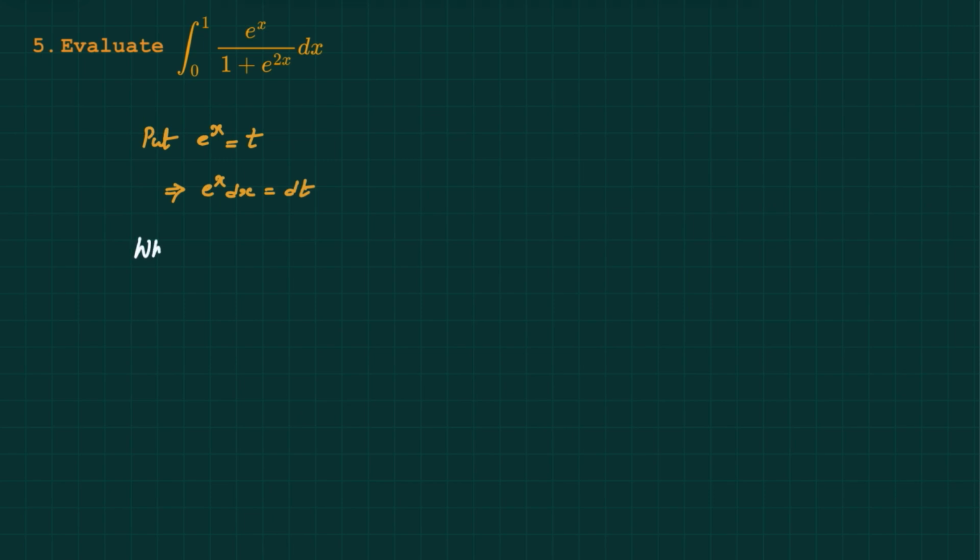So when x is equal to 0, t equals e to the power x, which we have supposed, and this t equals e to the power 0. Since we are putting the value of x as 0, this equals 1.